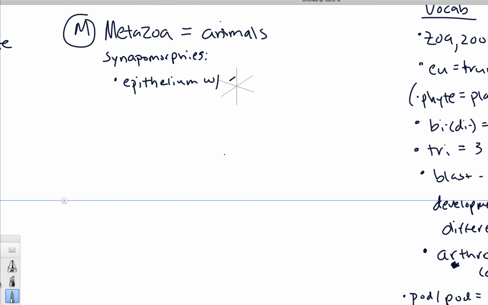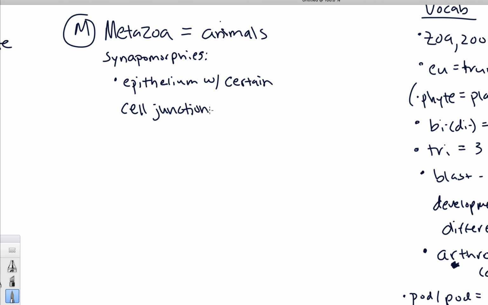Epithelium itself is not unique, but epithelium with certain cell junctions, meaning connections between the cells. Those junctions are gap junctions, tight junctions, and then desmosomes.